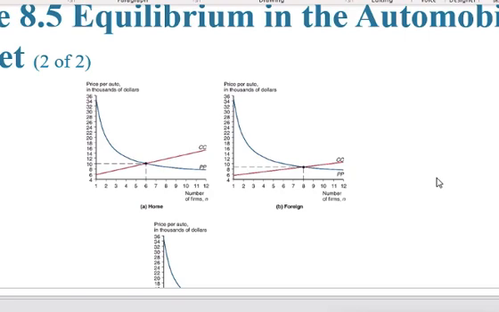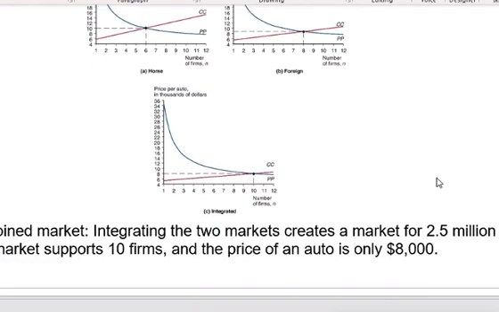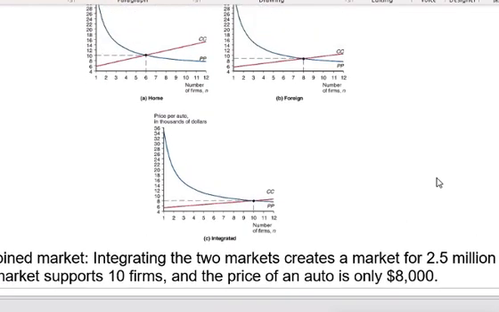So what happened is, if trade is allowed, if trade is possible, this is what's going to happen. If the world was integrated, we will have 10 manufacturers running in the global market, and each of them will be charging a price that is lower than all these countries before trade.